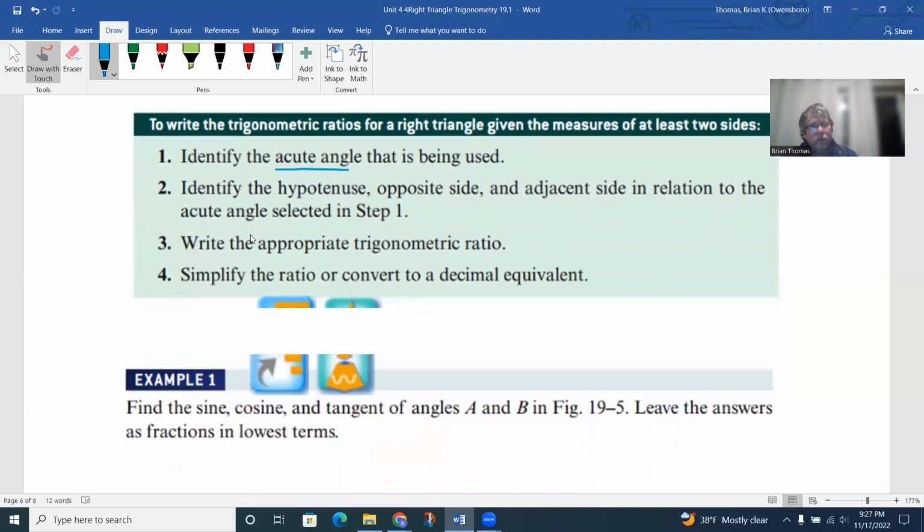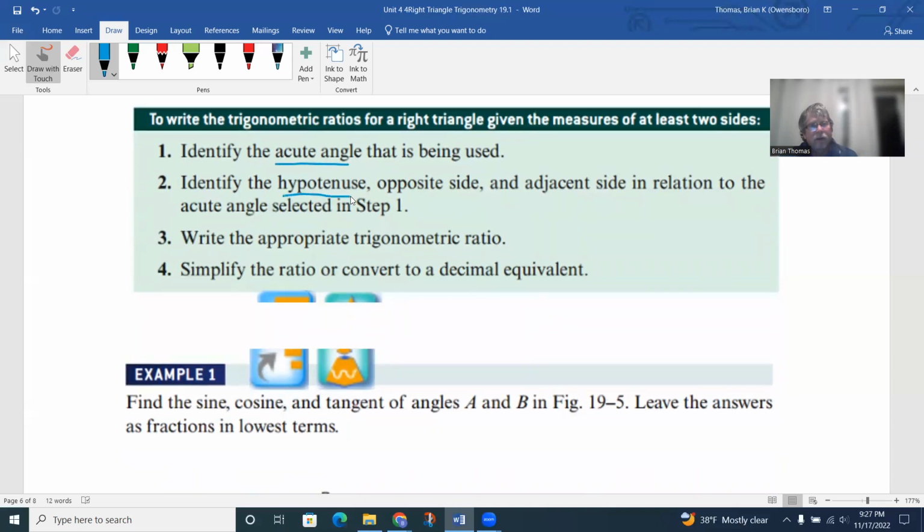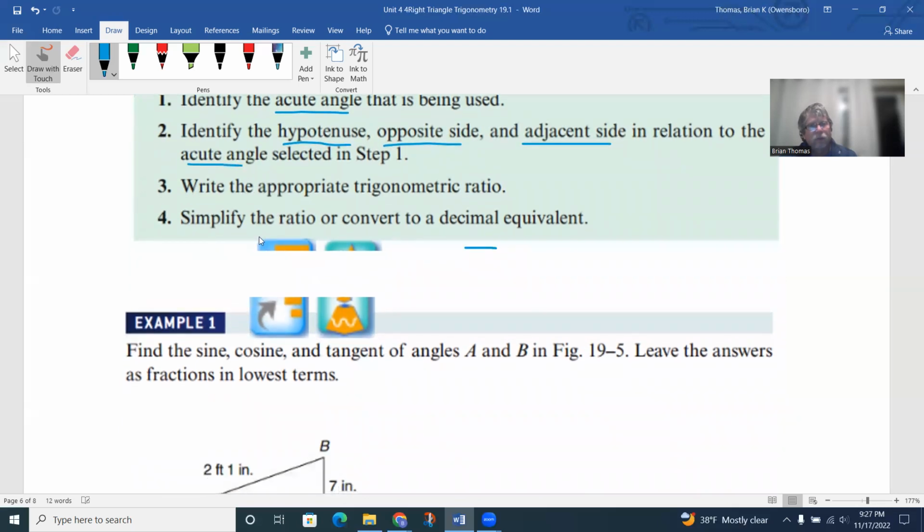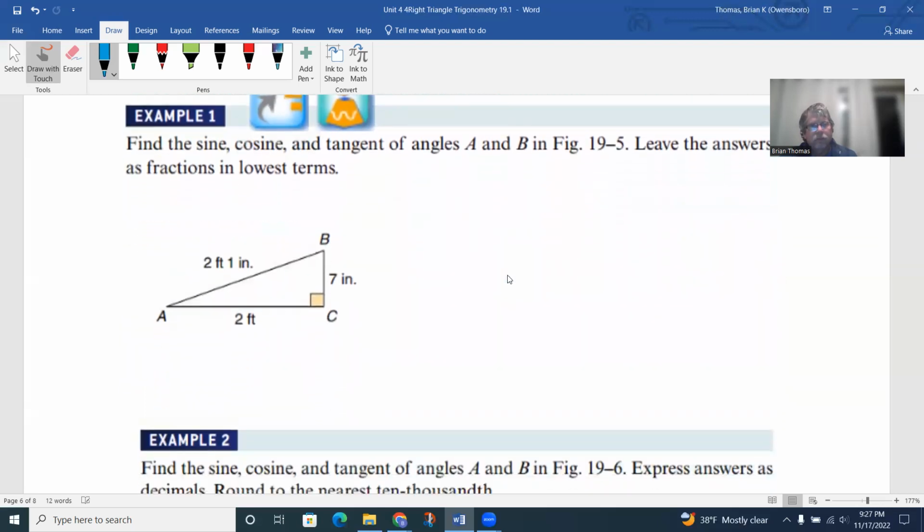That's important. We identify the hypotenuse, opposite side, and adjacent side in relation to that angle that was given. And then we want to write the appropriate trigonometric ratios. So we're going to write the sides in the form of ratios, and we may have to simplify the ratio or convert it to a decimal equivalent if necessary.